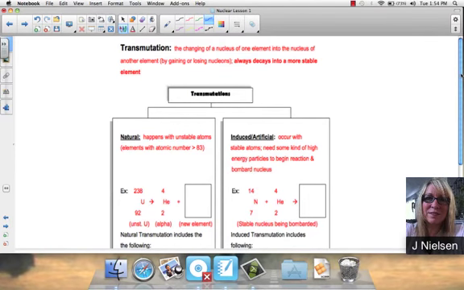So that brings us to transmutation. Transmutation is the changing of a nucleus of one element into the nucleus of another element by gaining or losing nucleons. Remember, nucleons has to do with those things in the nucleus, so protons and neutrons, as it decays into a more stable state.